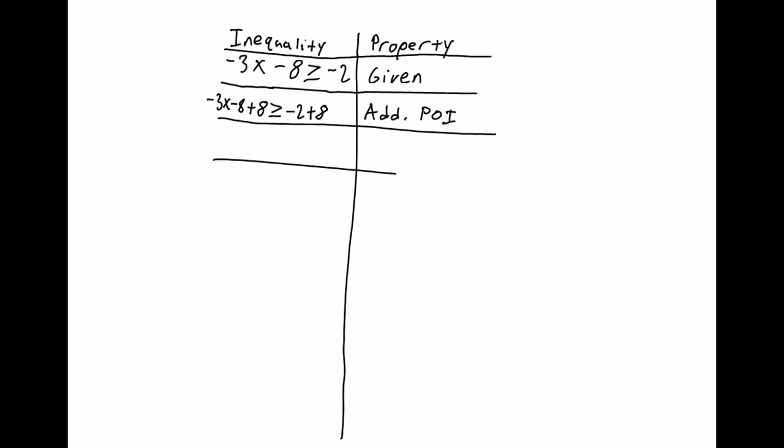Next step, do the math out. Negative 3x minus 8 plus 8, those last two cancel to leave just negative 3x is greater than or equal to, and negative 2 plus 8 is a positive 6. So, substitution.